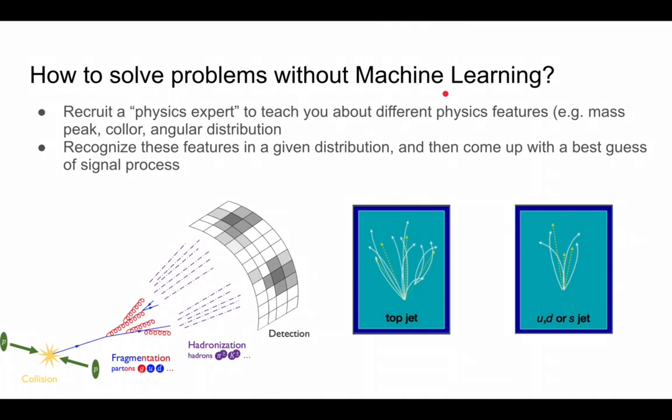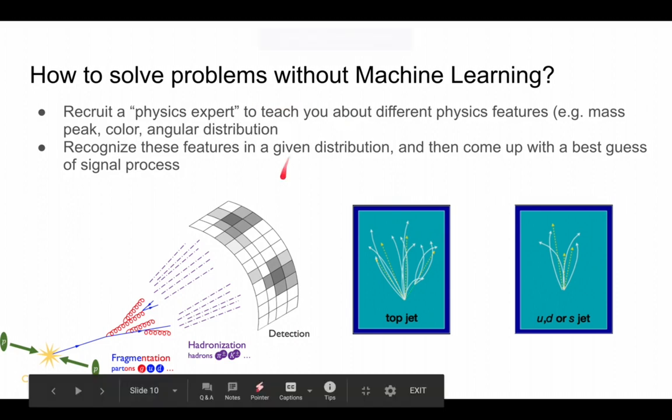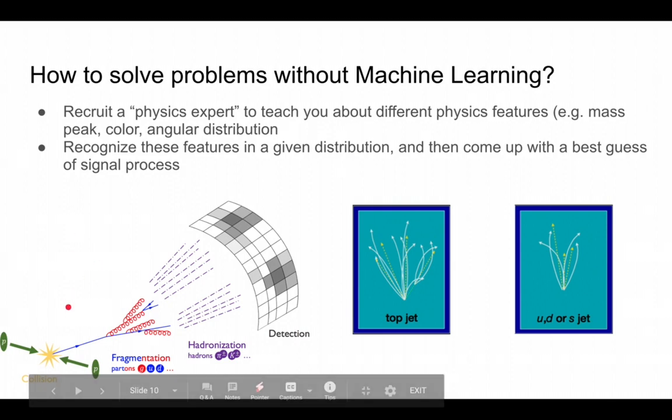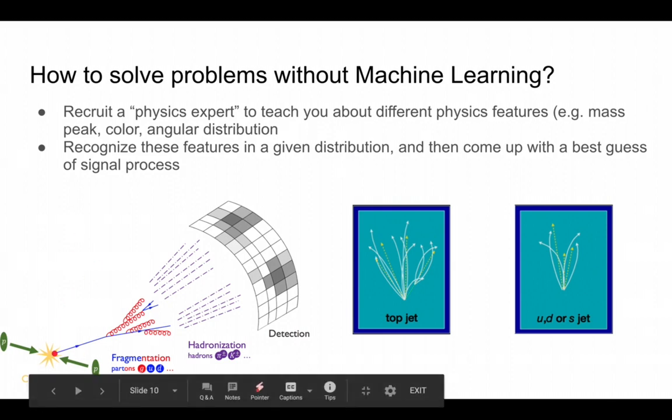To do so, we need to recruit a physics expert to teach us about different physics features, for example, mass peak, color, angular distribution. Here is an example of proton collisions in the Large Hadron Collider. We have particles. It could be a quark.